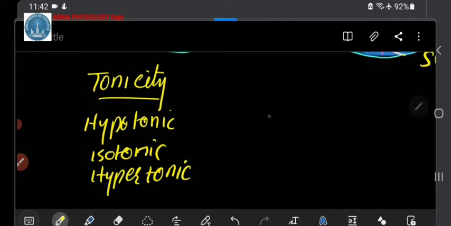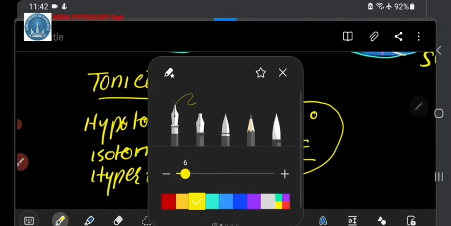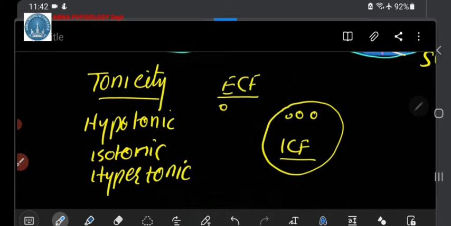Or we can understand it in a simple way. We have a cell. This is the extracellular fluid compartment, this is the intracellular fluid compartment. If the amount of sodium ions or solute outside is less than inside, then it is hypotonic.